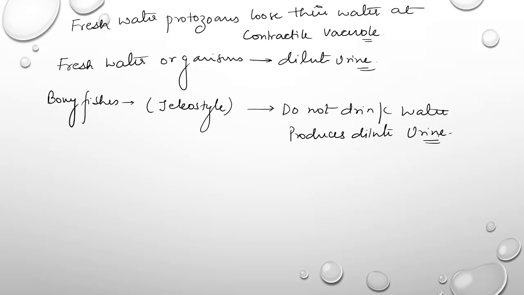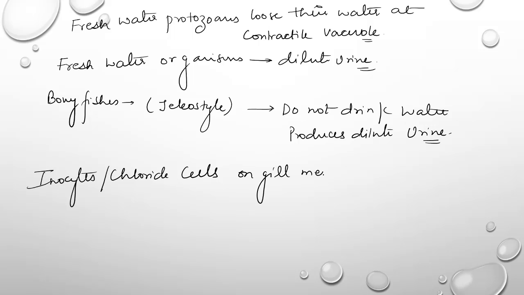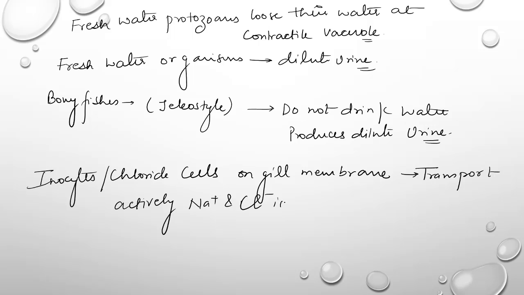Ionocytes or chloride cells on the gill membrane actively transport sodium ions and chloride ions from the exterior medium to inside the body.